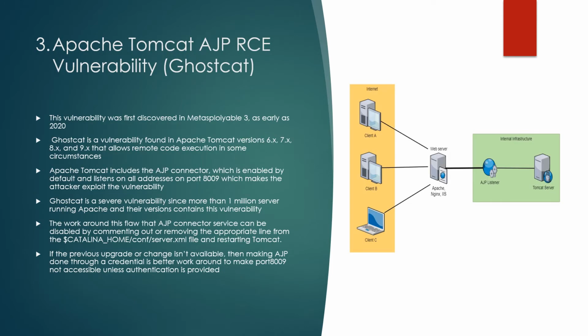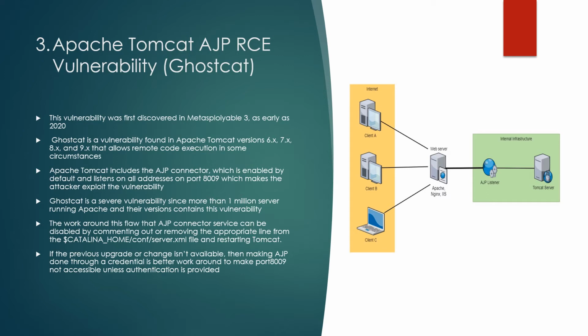The Apache Tomcat AJP vulnerability, in short called GhostCat, is the third vulnerability we're addressing today. The vulnerability was first found in 2020. It's found in Apache Tomcat versions 6, 7, 8, and 9, which run on most servers and give remote access to the attacker if the vulnerability is exploited.